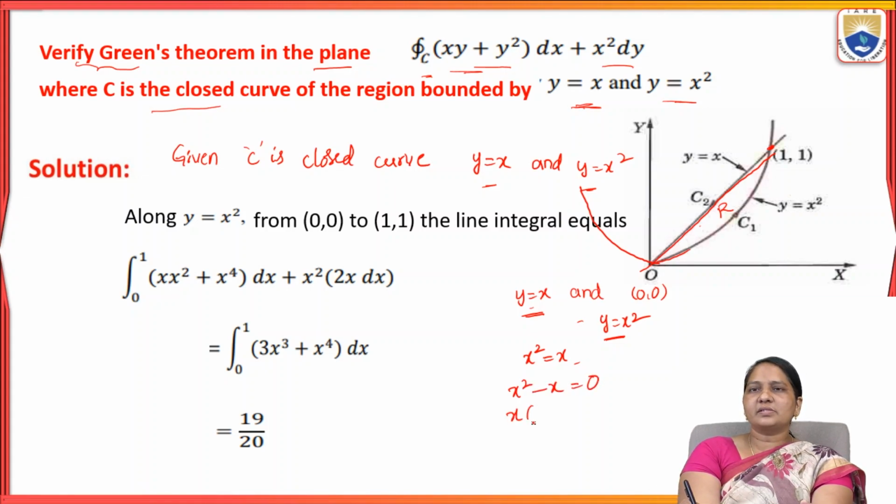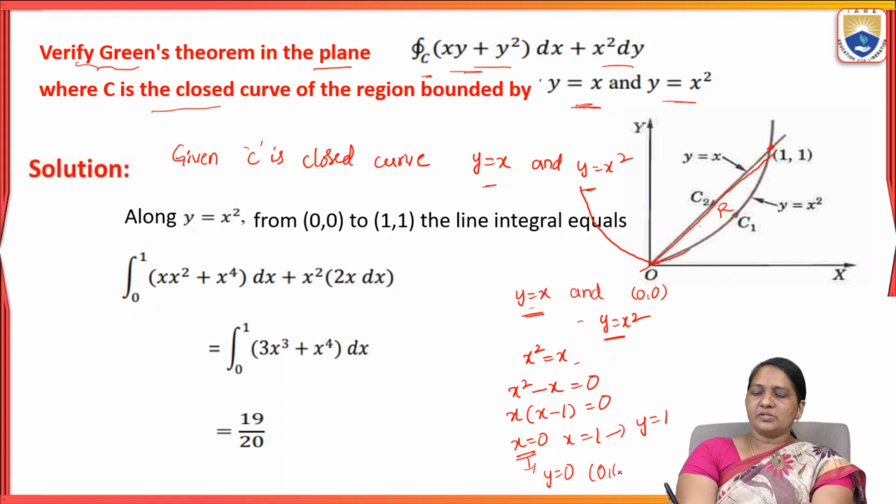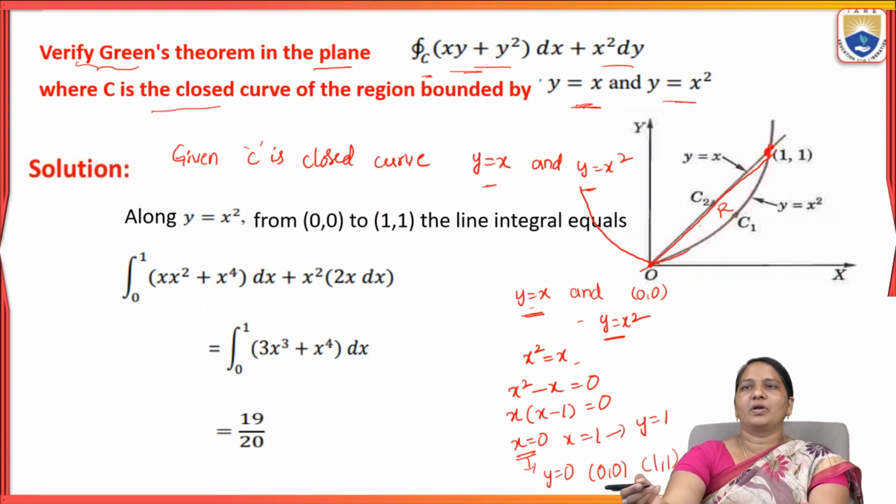Taking x common, x into x minus 1 equal to 0, so x equal to 0 or x equal to 1. If x equal to 0, y equal to 0; if x equal to 1, y is 1. So we get the points 0, 0 and 1, 1.